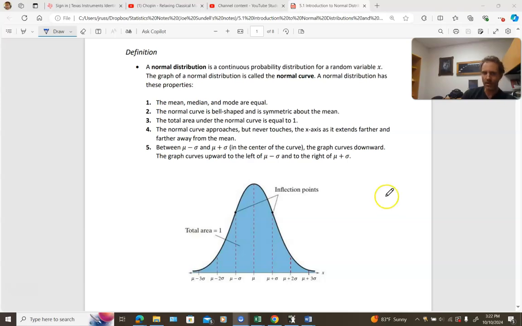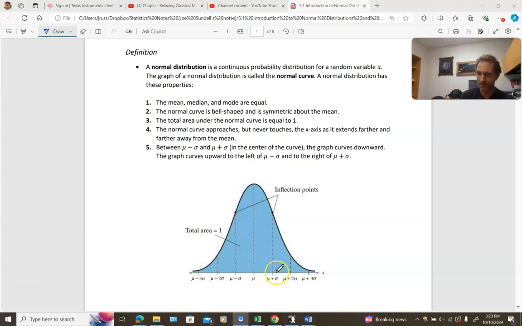All right, so let's talk about some properties of this. Well, one of the big properties is that the mean, the median, and the mode are all going to be equal. In other words, they're all going to be right here in the center of the distribution. Then we start measuring how far away a value of x is from the mean in terms of standard deviations.